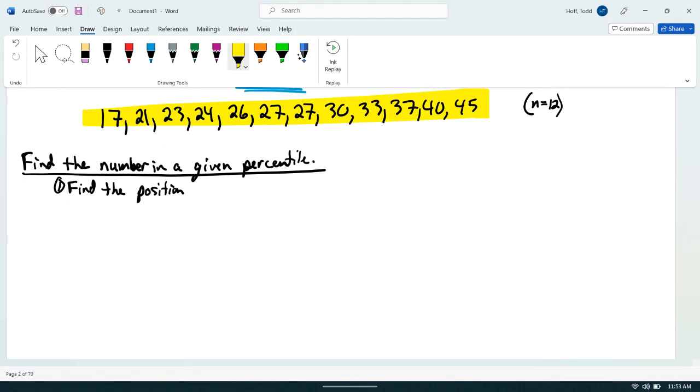Then we'll find the position, and after that, we identify the number in that position. So let's say we're asked to find the 65th percentile.